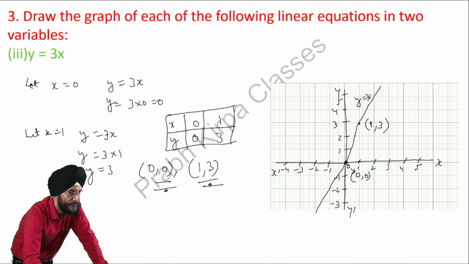In a nutshell, we can say that when we are to form the graphical representation of a linear equation in two variables, we will have to find out the 2 points which can be joined together, and to find out those 2 points we will have to find out the two solutions of x and y which satisfy the equation.